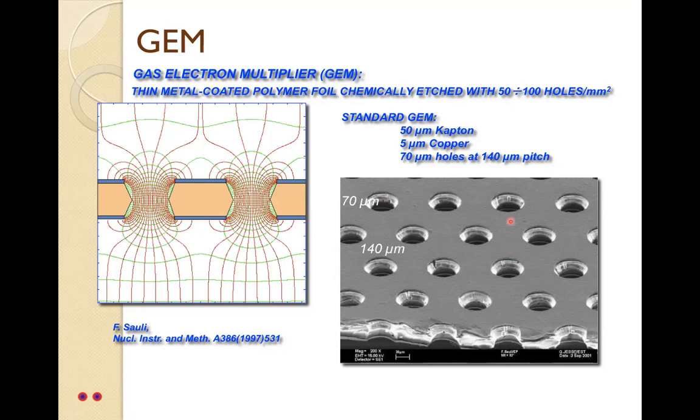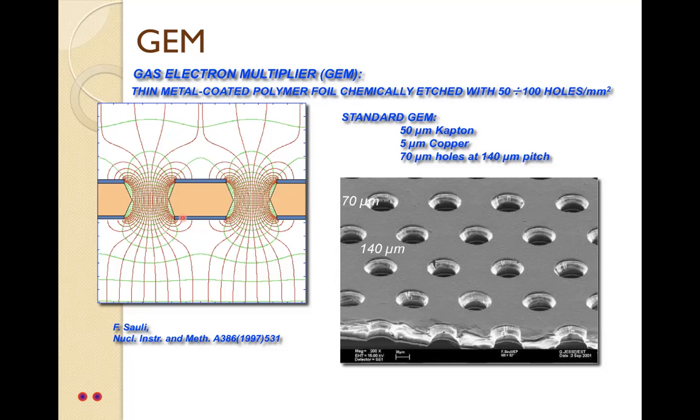Now you can see there are holes. Okay. So holes of diameter 70 micron. But if you go into the detail, if you see the microscopic view of a GEM foil, although there are many geometries available nowadays, in a standard GEM foil, this region, this diameter is 70 micron, as I told. Here it is 50 micron, and here it is again 70 micron. And this whole shape is called biconical.